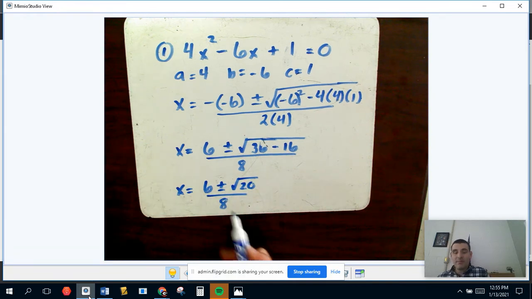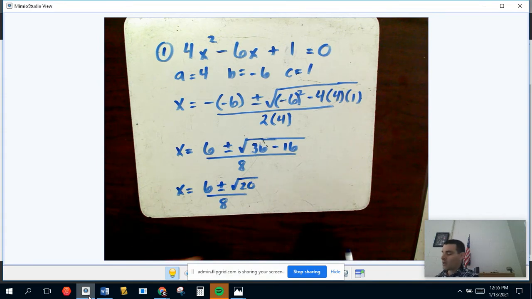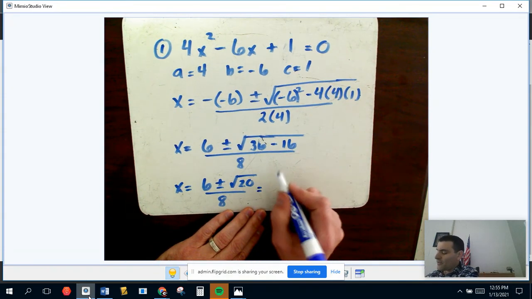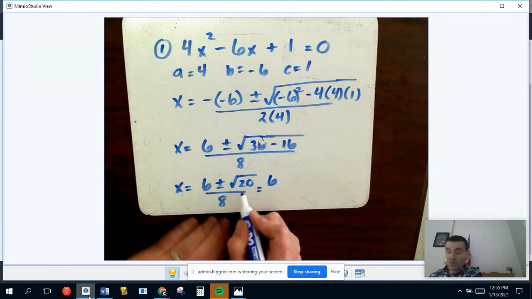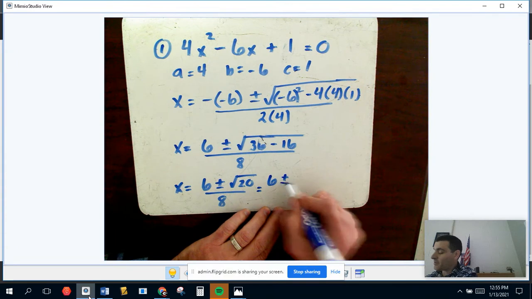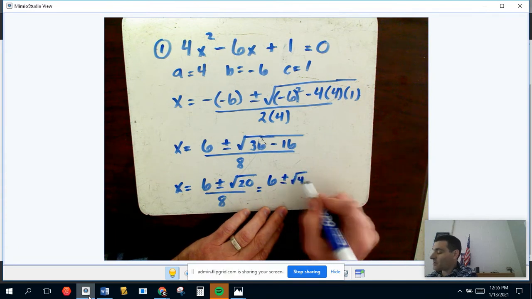Okay. That plus or minus indicates there's going to be 2 solutions. One if you were to add there and one if you were to subtract. Well, before we do either, we want to reduce this square root like we did earlier. Okay. The square root of 20 breaks down into the square root of 4 times the square root of 5.